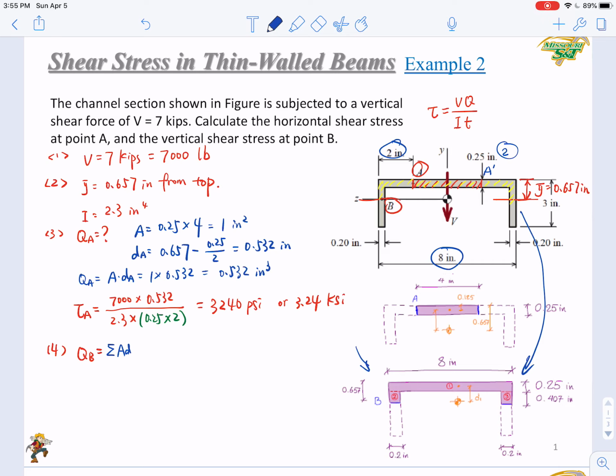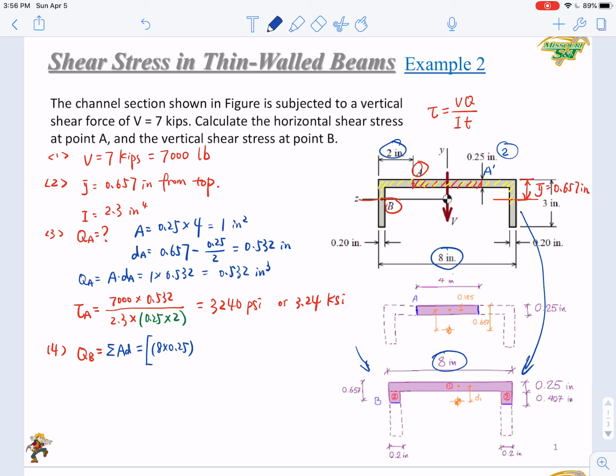So here, let's extend this equation. First of all, the A1, D1. What is A1? A1, you have a thickness of 0.25, and the dimension along the x-axis will be 8. So the area 1, A1, is 8 times 0.25.